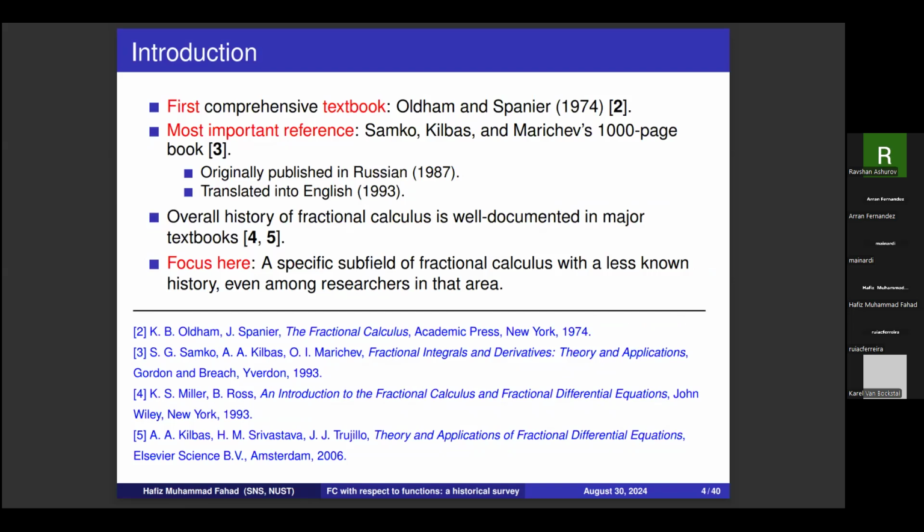The first comprehensive textbook on fractional calculus was authored by Oldham and Spanier in 1974, but the most important reference in the field is the 1,000-page book by Samko, Kilbas, and Marichev, originally published in Russian in 1987 and later translated into English in 1993.